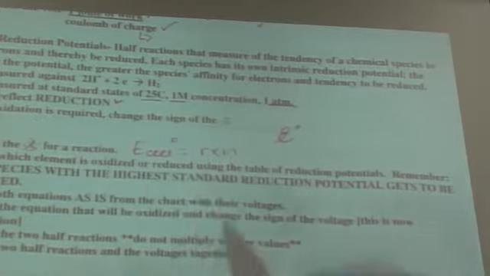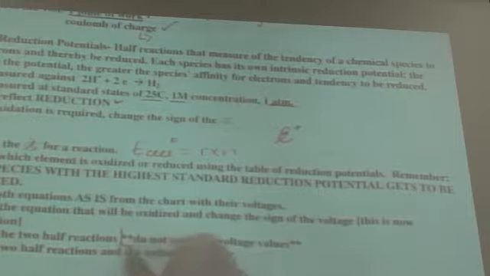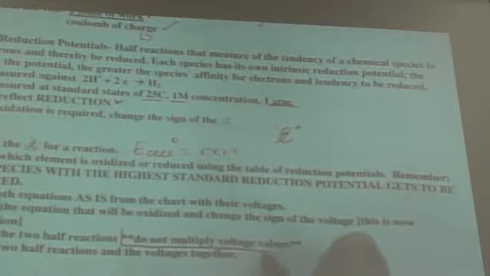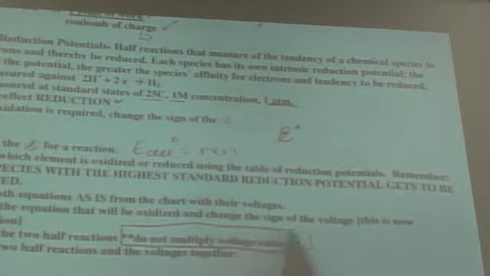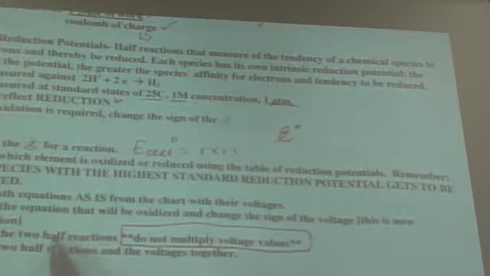Balance the two half reactions. This is huge. Please pay big attention to this. Because it's an intensive property, you do not multiply the voltages when you balance the number of electrons that move around. Add the two half reactions together and add the voltages together.